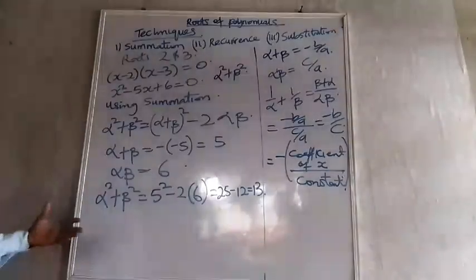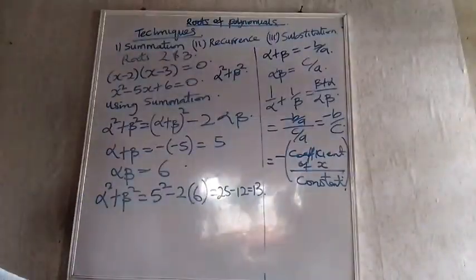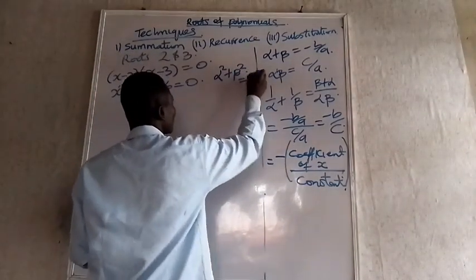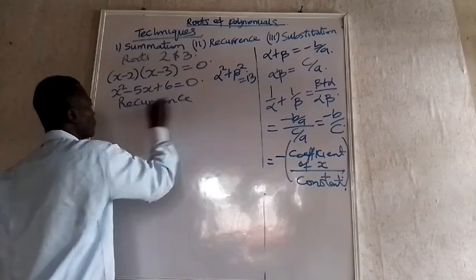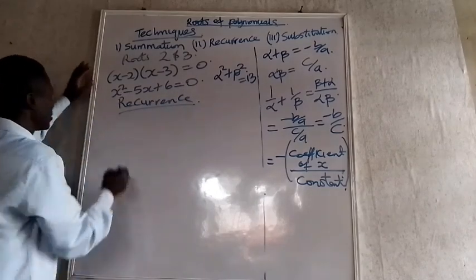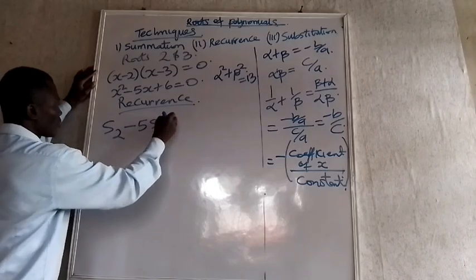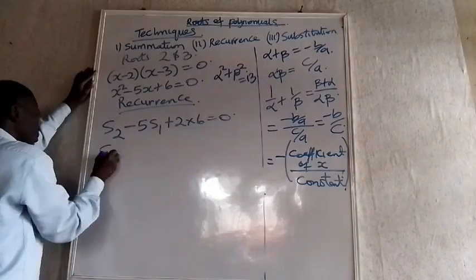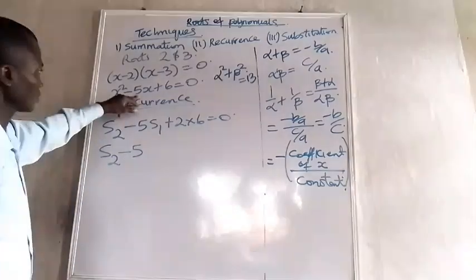Now, let us use recurrence. For recurrence, we know we are going to have s2 minus 5 s1 plus 2 times 6 equals 0. And that means s2 minus 5, what is s1?